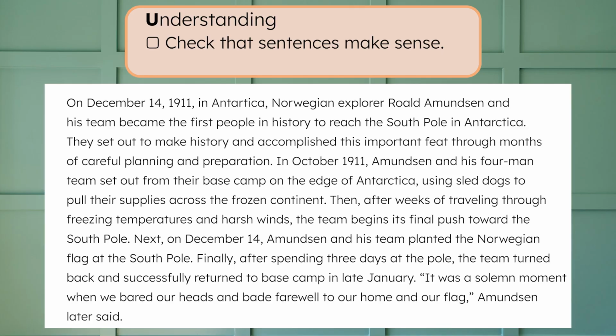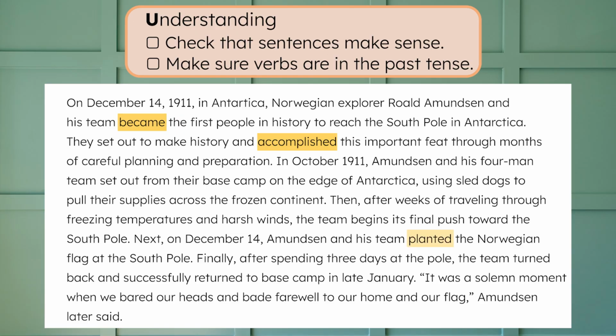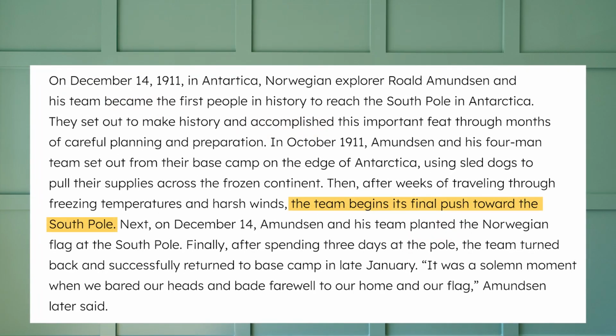Since articles are about events that happened in the past, all of the verbs used should be past tense, like became, accomplished, and planted. Take a look at this part of a sentence. The team begins its final push toward the South Pole.